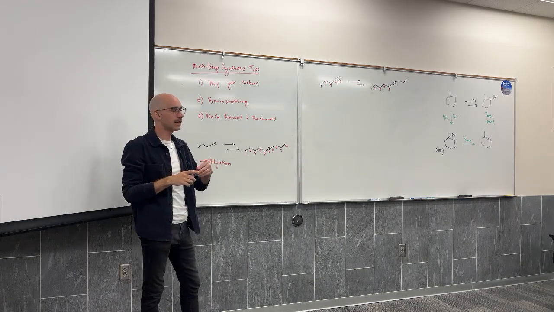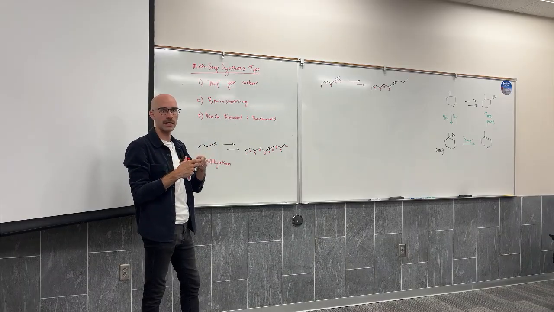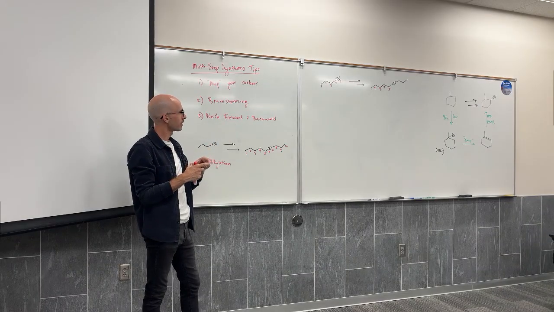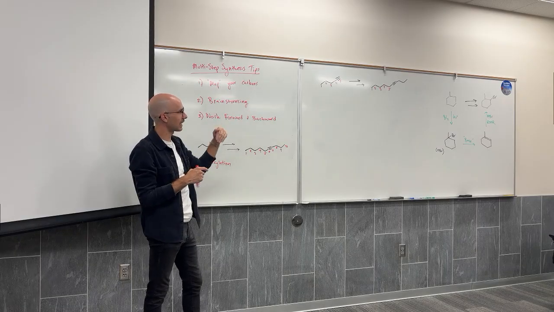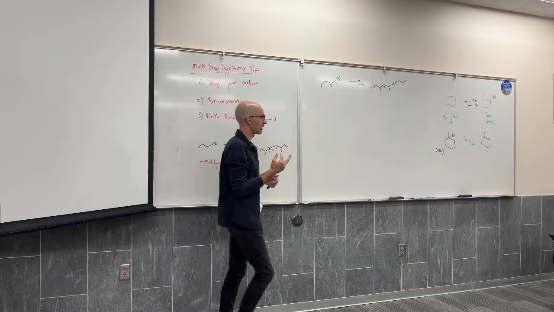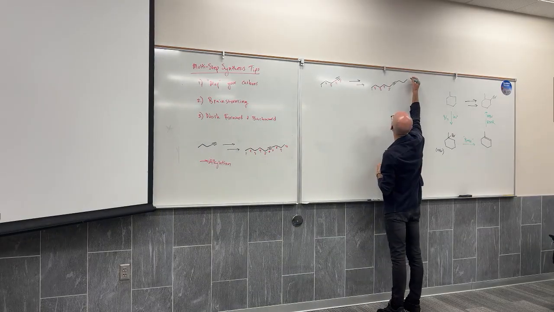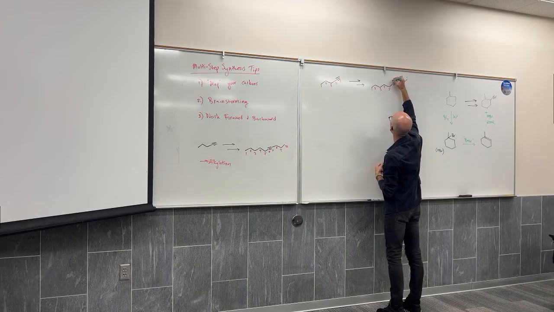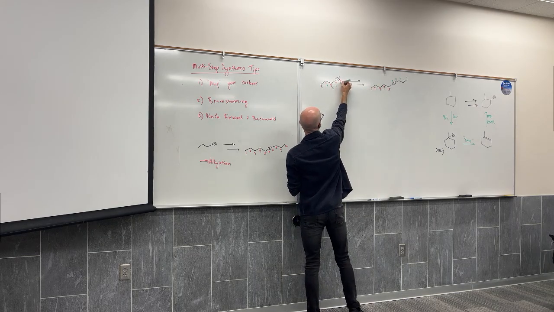Because what I see is that carbon 5 is part of an internal alkyne. So carbon 5 could have been alkylated by a terminal alkyne. Now I'm going to use another set of colors here because I'm also going to map this way, 1, 2, 3, 4, 5, which maps exactly the same.